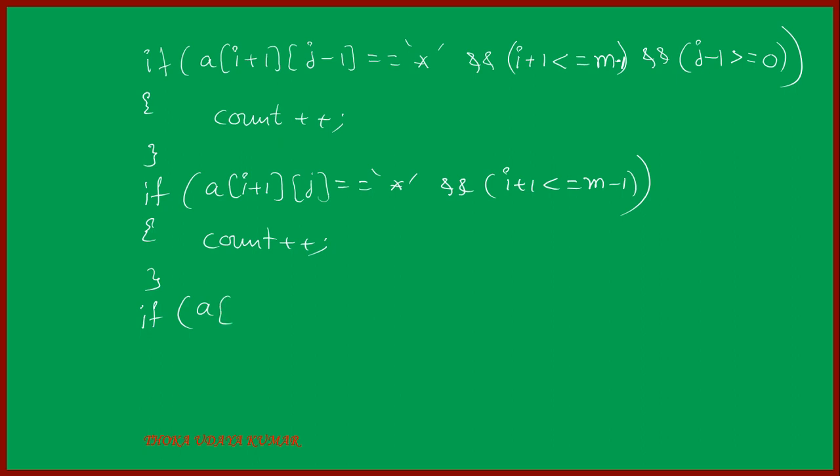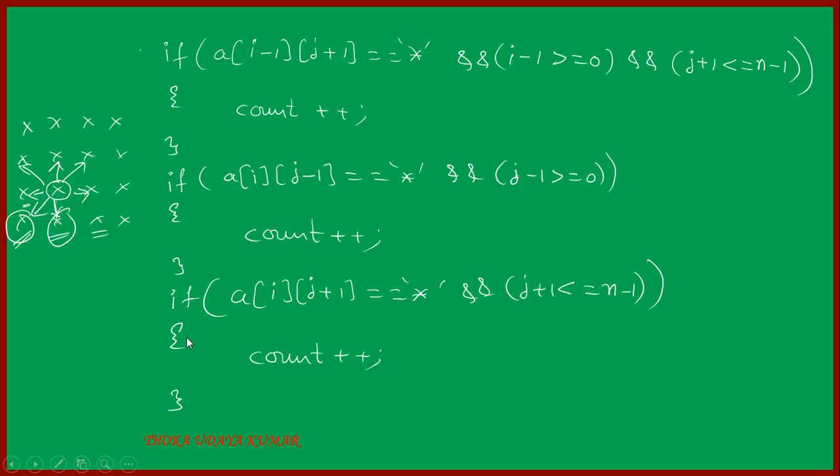What is the next one? This one. Okay, so what is that? Row is incremented and column is also incremented, right diagonal.